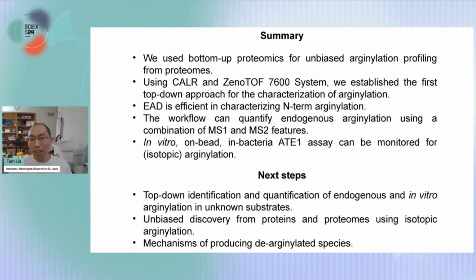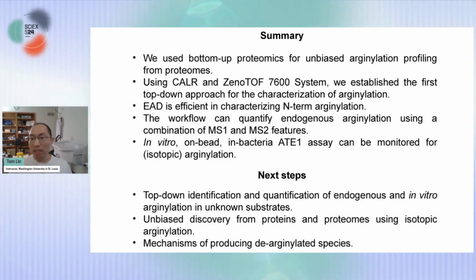And the EAD is efficient to characterize the N-terminal arginylation. The workflow can quantify endogenous arginylation using a combination of MS1 and MS2 features. This platform can be used for endogenous, in vitro, unbiased, and in-bacteria ATE1 assays. And the arginylation can be monitored using either single channel or isotopically different channels of arginylation.